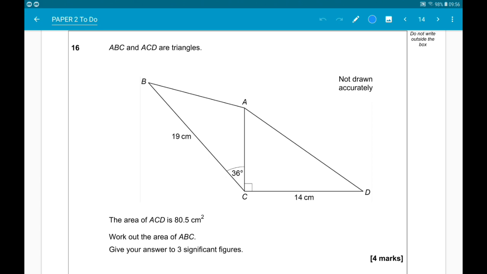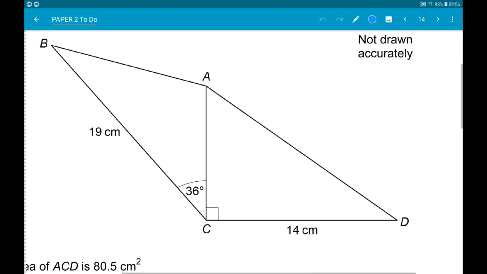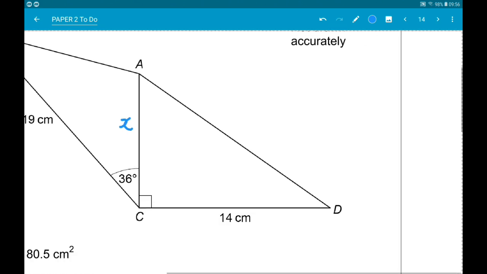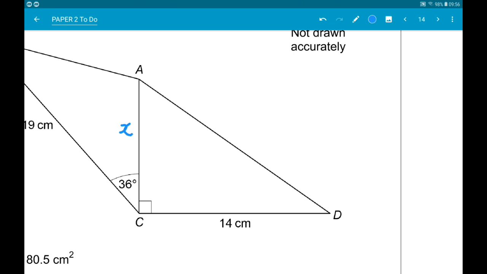So at the moment, let's call that x. Now, we know the area of the triangle on the right is 80.5 centimeters squared. So, area of a triangle normally is base times height divided by 2.